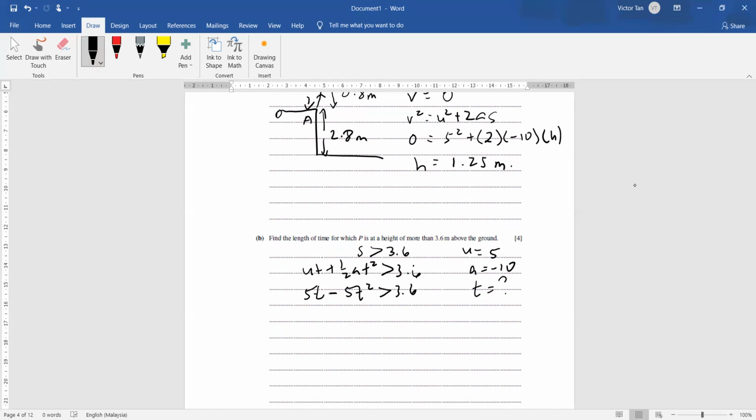So I'm going to multiply by 5 to make it a round value. So this will be 25t squared minus 25t, 3.6 times 5 is 18, plus 18 smaller than 0.